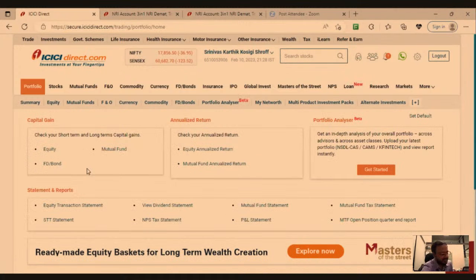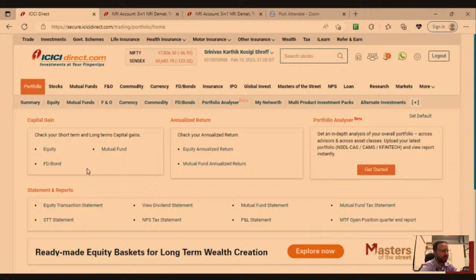Public interest, yes, I am aware that there is a toll-free number for ICICI Bank for Canada, because ICICI Bank has physical presence in Canada. They have branches as well. ICICI Direct and ICICI Bank are two different entities, even though they are under the same group, they're different companies.